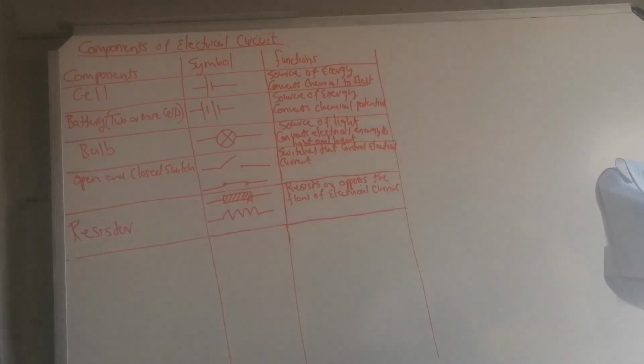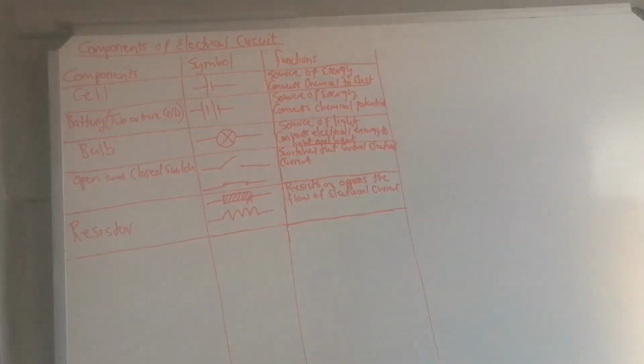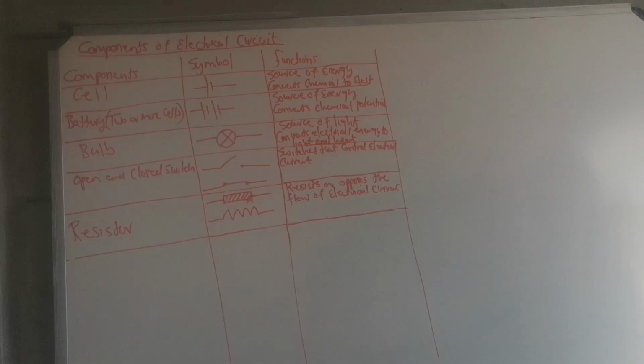They convert electrical to heat energy. So they are resistors. This is what we are saying, guys: examples of resistors, the bulb filaments, the heating wires, the soldering iron.